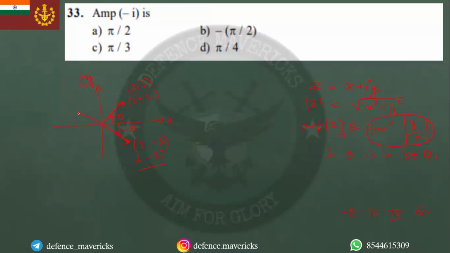Now let's see for second and third. So let's say your point is somewhere over here. So what you will do, you will go from here till here. तो या मतलब क्या कर रहे हो, ऐसा ऐसा समझो कि तुम यहाँ से पूरा यहाँ तक आ गए. Like from here you went till pi, ठीक है. You went till pi and then you came back some distance above. So that means you went till pi and then you came theta above. So this is pi minus theta in the second quadrant.